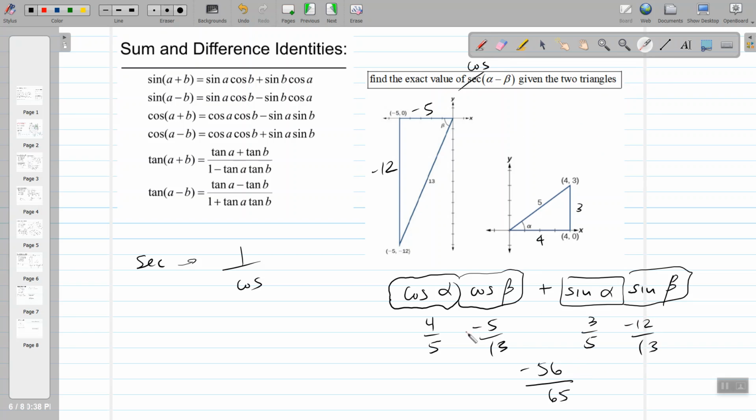Basically that's these two multiplied together plus these two multiplied together. That'll give you this. Since I'm actually looking for secant, secant is just going to be when I flip this, so that'll be -65 over 56, and that'll be the answer for this part over here.